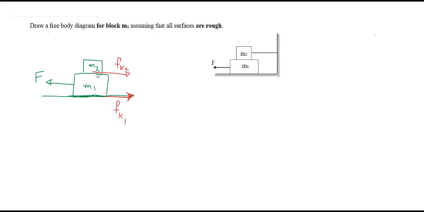All right, so what else do we have? We have weight, force, and we have the normal force. Okay, so we have a normal force, we have weight, we have the original force, and we have the two friction forces.